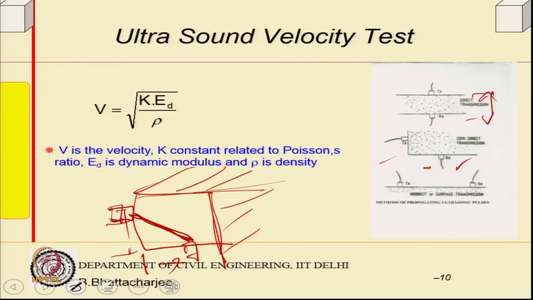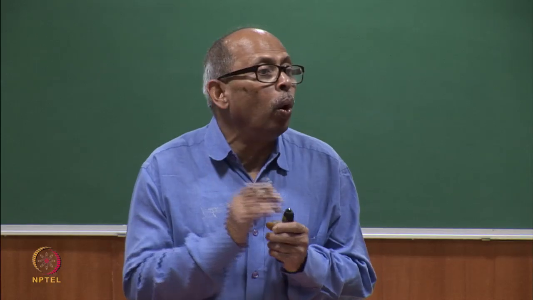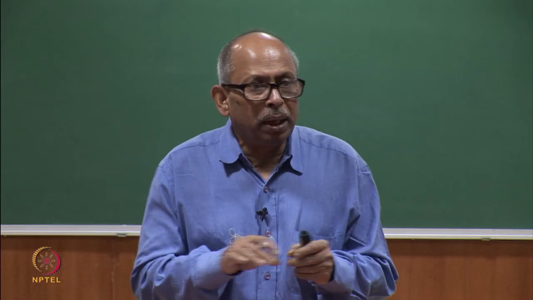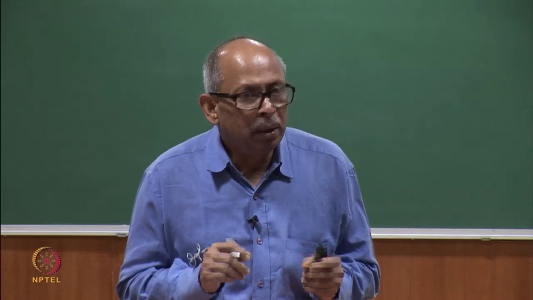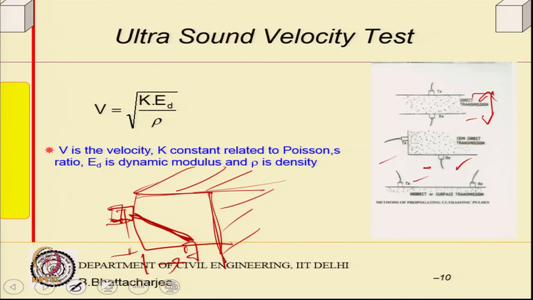But you can also do, for example, a basement wall or something where only one side is available, then you can do what is called indirect measurement. So, put the transducer and receiver on the same side, but then remember only a small surface wave will reach here, and the percentage is very little, around 3% of the total energy.